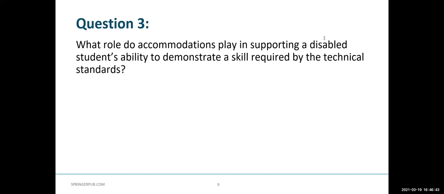We've purchased specialized stethoscopes for low vision, as well as for deaf and hard of hearing students. And also for a deaf, hard of hearing pharmacy student, we've purchased a CapTel phone.